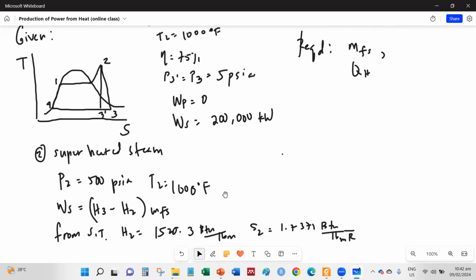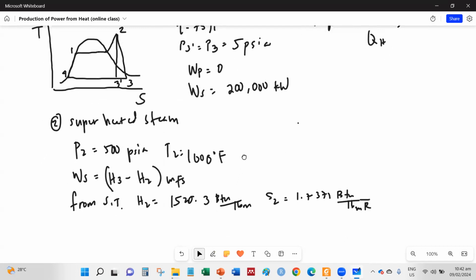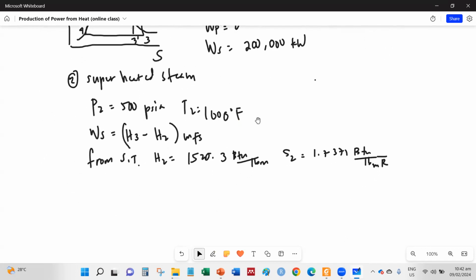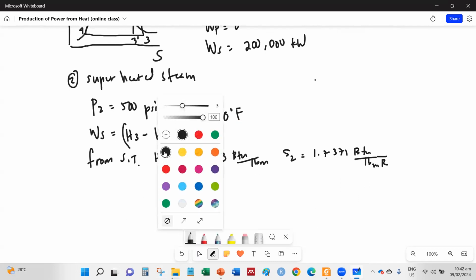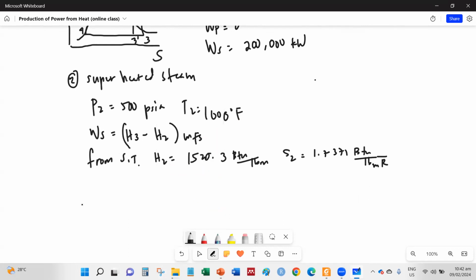So we need the quality to know the exact value of H3. At the same time, we can make use of the fact that H2 to H3 prime is an isentropic process. Okay, so our next goal is calculating H3 now. Once we calculate that, we can know the mass of flowing stream because work shaft is given.